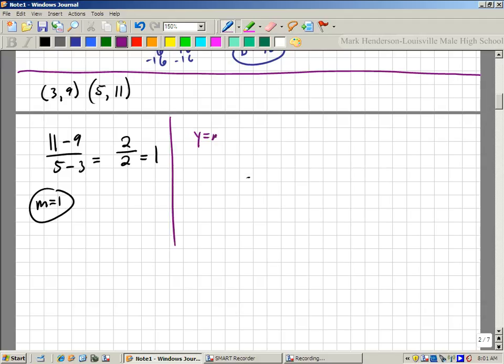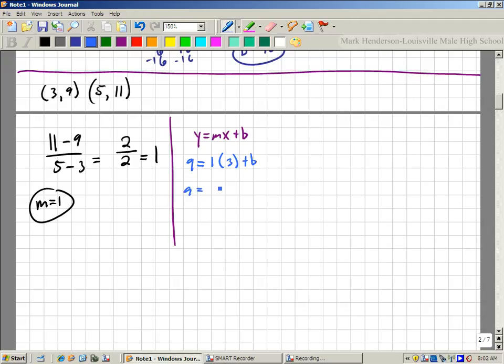You start with y equals mx plus b. Just, again, you can use either point. I'm just saying use the first point so that we all do it the same way. So for those of you that copy off each other, you can make sure you copy it the same way. So it's 9 equals 1 times 3 plus b.